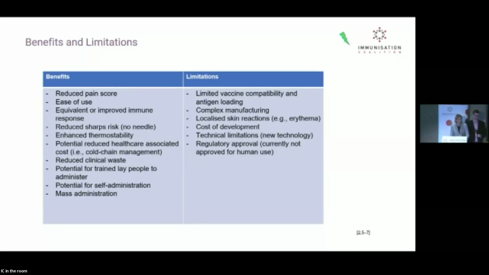There's potential for reduced healthcare associated costs because a cold chain is not required. There's reduced clinical waste. There's potential for trained lay people to administer the patch. And one of the most innovative things, of course, is the potential for self-administration by patients, and also mass administration. So there could be supervised self-administration within a mass vaccination setting.